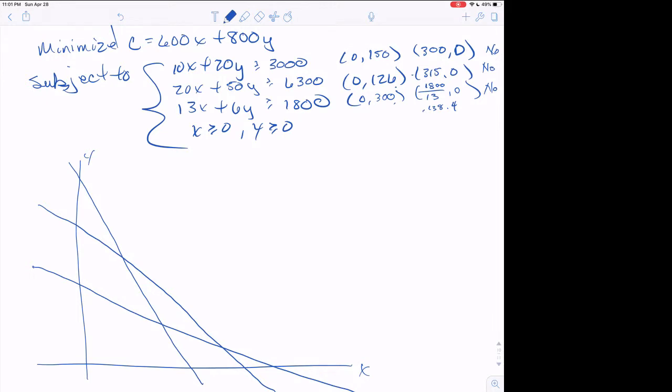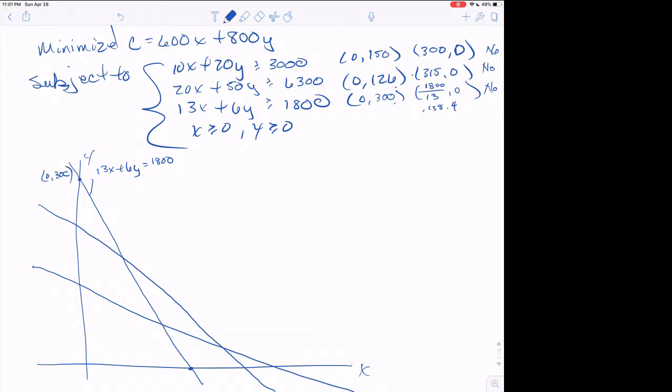Okay, so this line right here is my largest value goes to my smallest. So this is going to be 13x plus 6y equals 1800. This value right here is 0, 300.